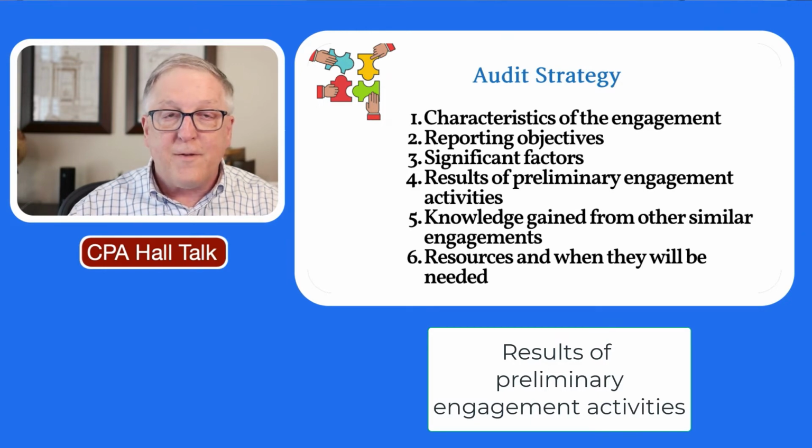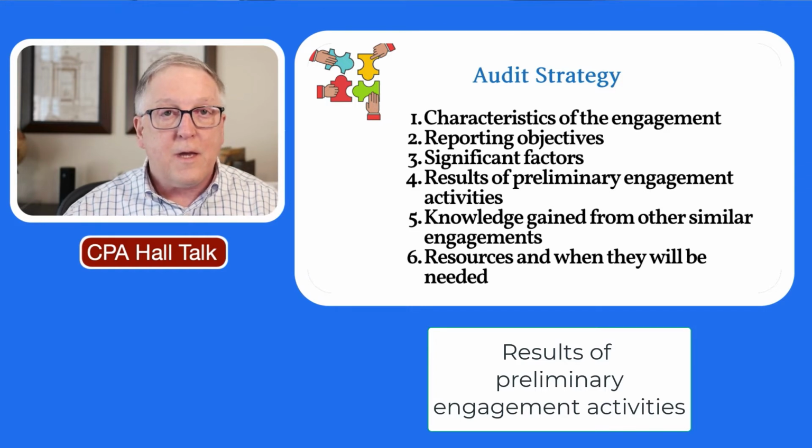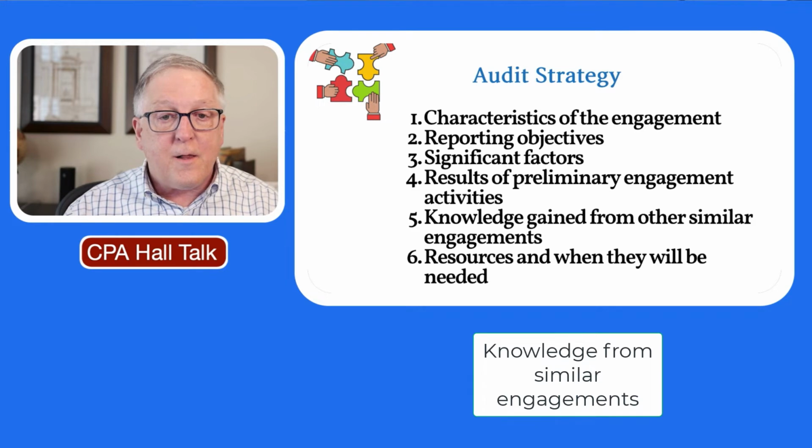Number four, results of preliminary engagement activities. We've spent the last 17 chapters talking about how to get ready to do the audit. So now at this point, we're documenting the key pertinent parts of what we've seen as we've done risk assessment. Number five, knowledge gained from similar engagements.